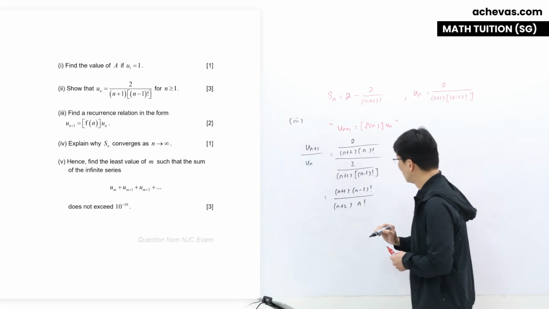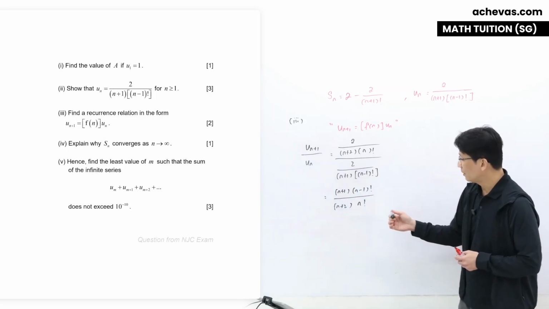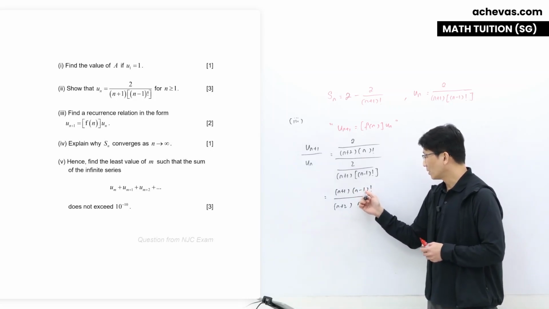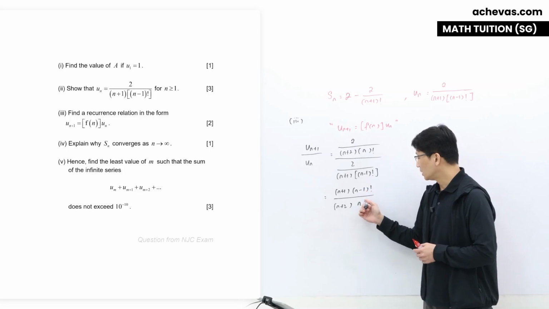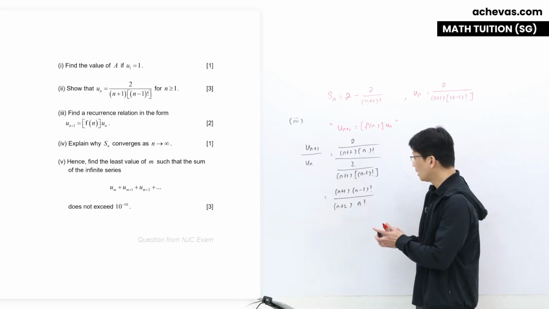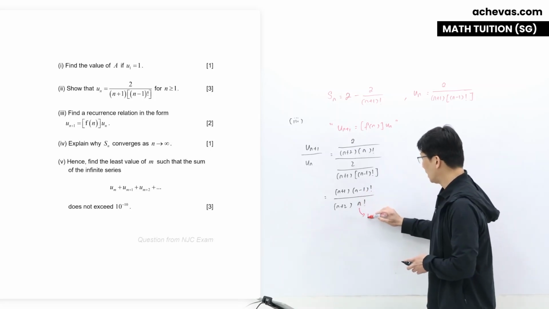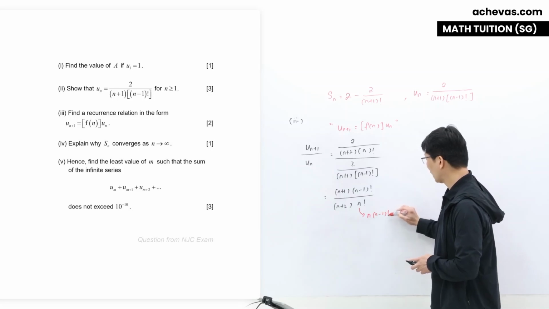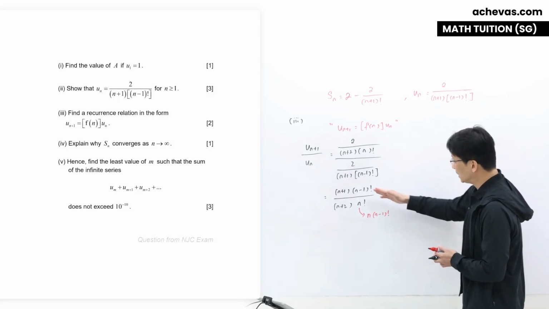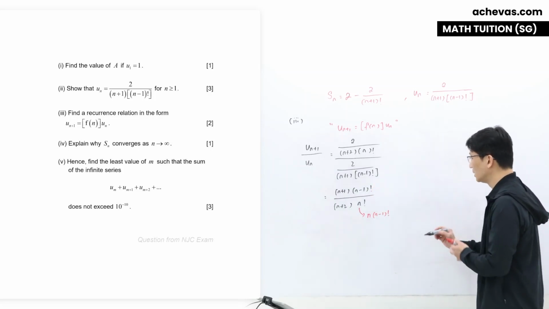I think we can continue to simplify because this factorial can be reduced to a simpler form, because n factorial we can rewrite as n times (n minus 1) factorial. By doing so, you can see that the (n minus 1) factorial can be cancelled away.